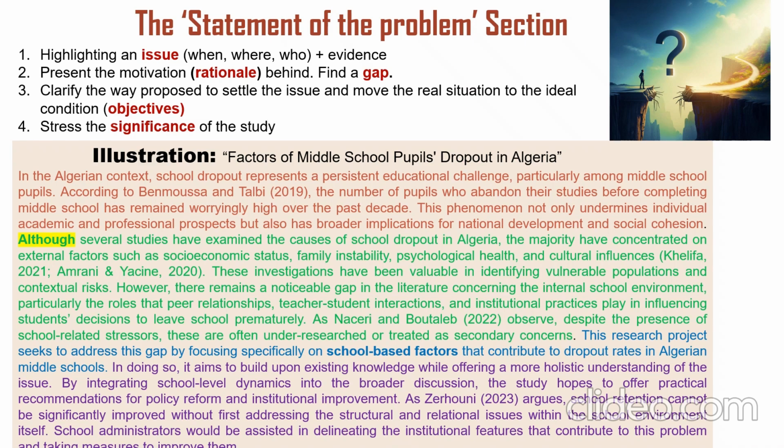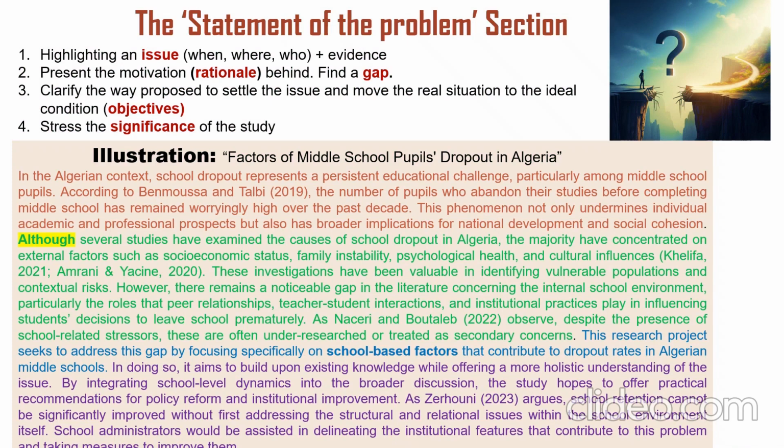Well, now let's try to see how the issue shows divergence from an ideal situation. If you still remember the previous video when we talked about the rationale or the background section, the text included something on education and the importance of basic education for individuals, for their well-being and for their personal development.